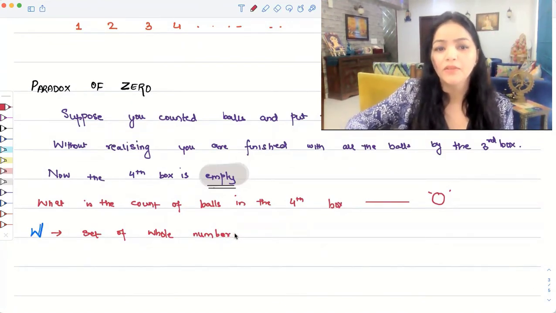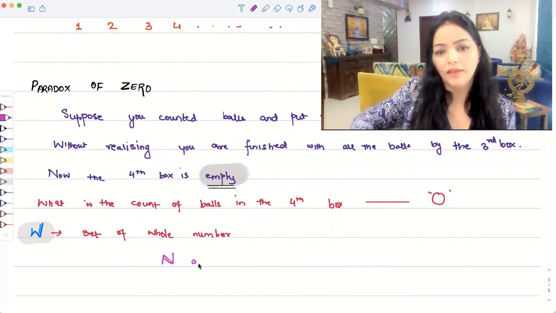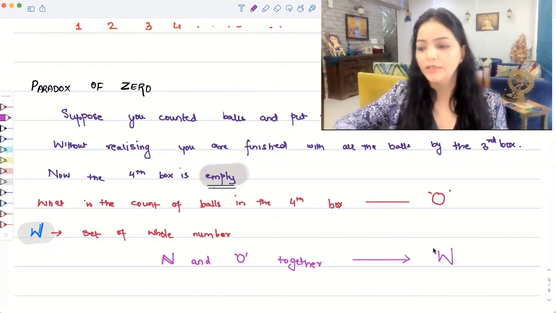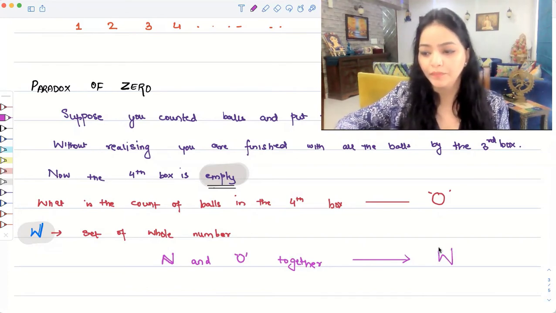So the set of whole numbers is denoted as W. N and 0 together make the set W.